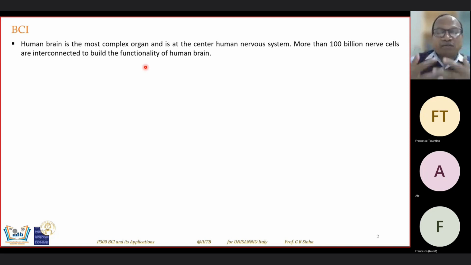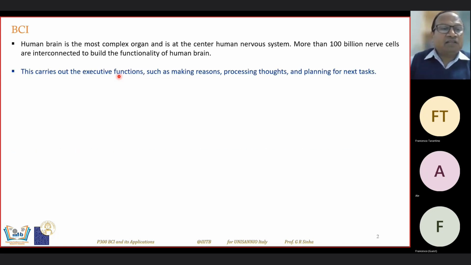A number of functionalities are associated with different parts of the brain, interconnecting these 100 billion neurons. So the complexity is very high, and to simplify the complexity is a difficult task. The brain carries out executive functions such as making decisions, reasoning, processing thoughts, and planning for the next task.